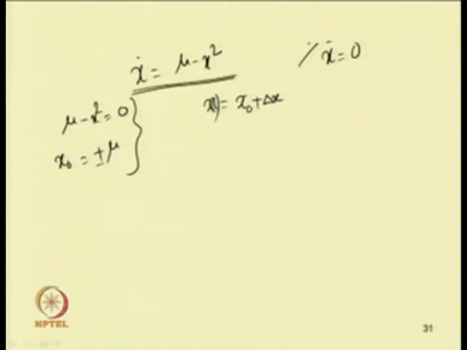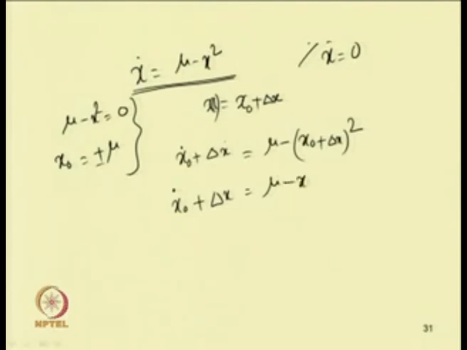In this equation, if I substitute this, I can have x0 dot plus delta x dot equal to mu minus (x0 plus delta x) whole square. Already I know x0 dot for steady state. By expanding this, it becomes mu minus x0 square minus 2 x0 delta x plus delta x square.